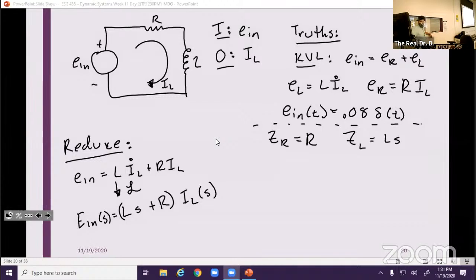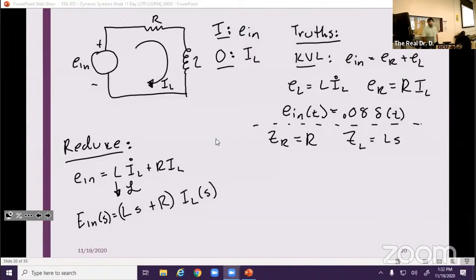Let's remember the properties. A first order derivative in Laplace is going to be s times Y of s minus y0. Here y0, that is I0, was 0. So we're just left with s times I of s.